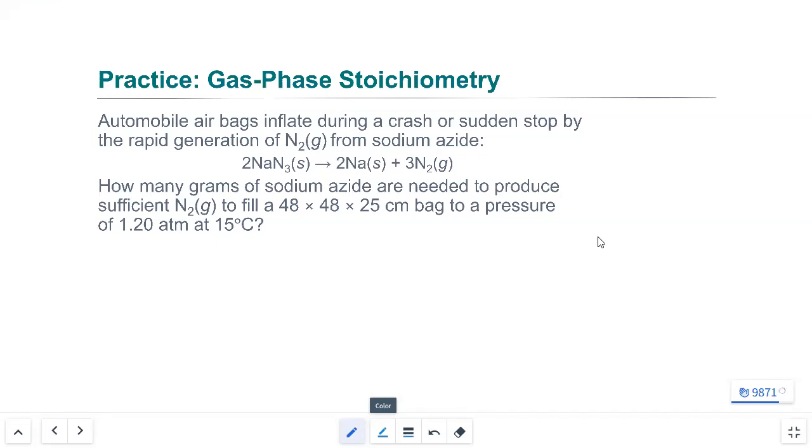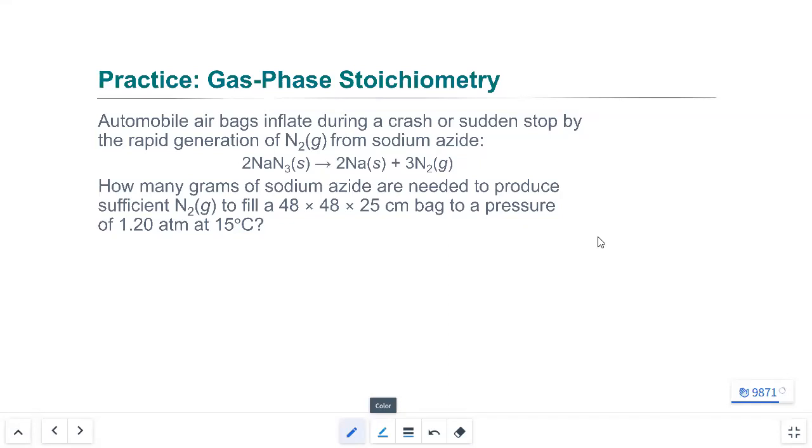Okay, we are told that automobile airbags will inflate during a crash or a sudden stop through the rapid generation of nitrogen gas through the massive decomposition of sodium azide. Reaction is there on the board. 2 sodium azides decomposing into solid sodium and gaseous nitrogen.